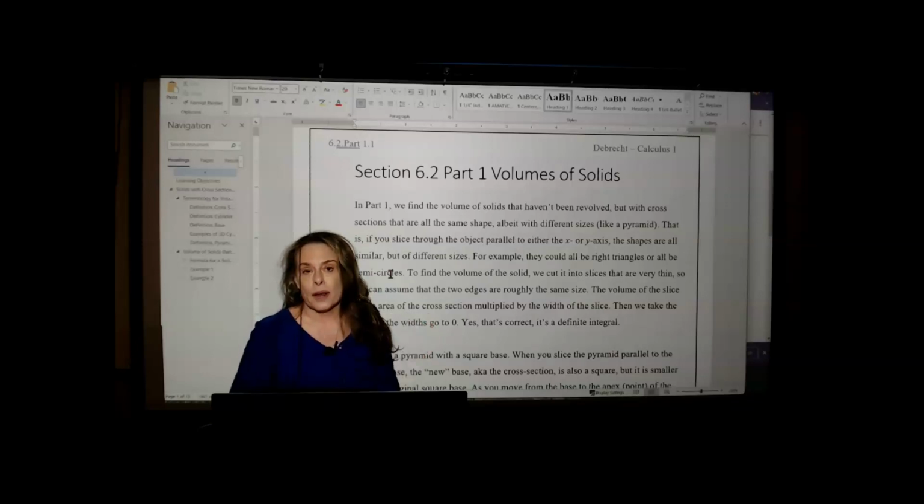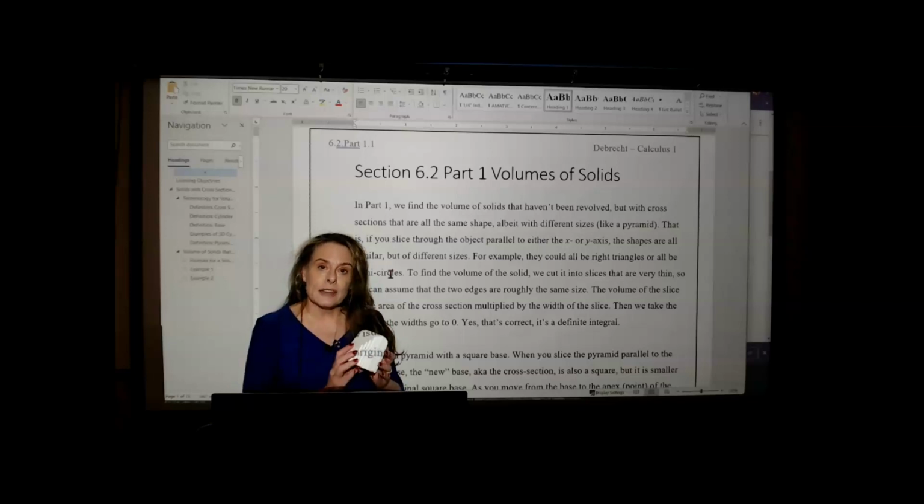That makes it into a regular solid, and we can find the volume of a regular solid by taking the area of the base, which is the cross section, multiplied by the height, which is the distance between the two squares. Well, that is actually the width of the partition, which will be either dx or dy.